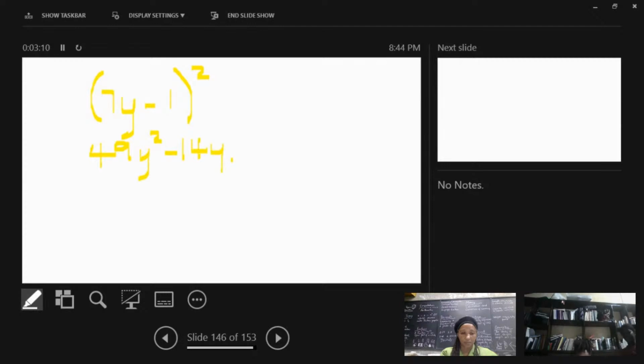Minus 14y. Okay. Plus 1 squared. Where to square the 1? Yes, miss, that's 1. So positive 1. Why are you telling me y squared? Miss, first I said 1 squared, and then I was asking if you could also do y squared. But then I realized, no, it's not y. Yes. You see why we need practice?